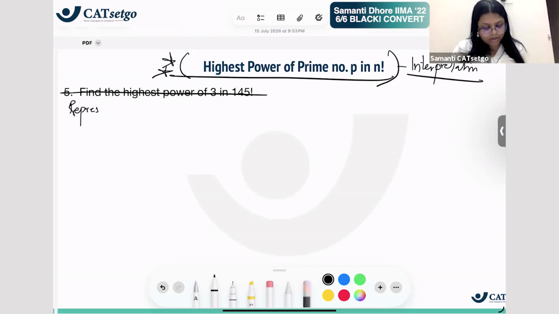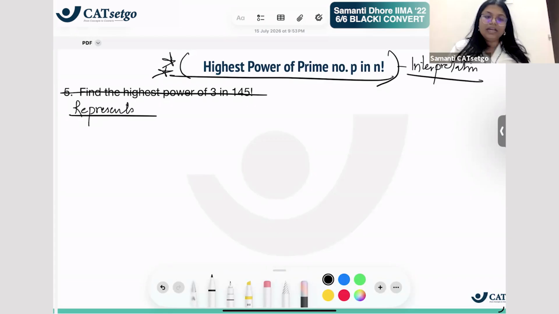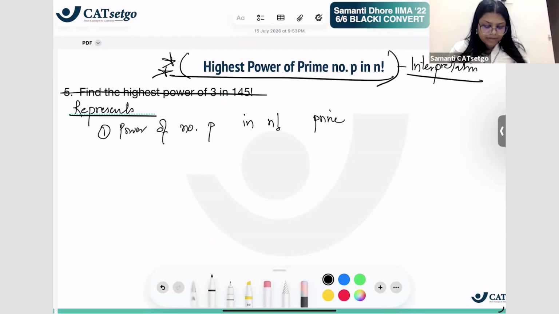As a summary or an overview: what does it represent? It represents the power of the number p in the prime factorization of n factorial. This is what we had been finding out, right?